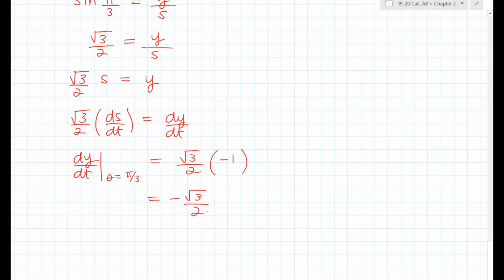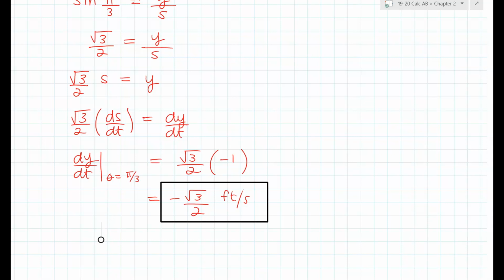Now that's the rate of change of the height over time, and height was given in feet, I said 1 foot per second, so in feet per second. Does it make sense that my answer is negative? Yeah, because you're losing height. You're not gaining it.